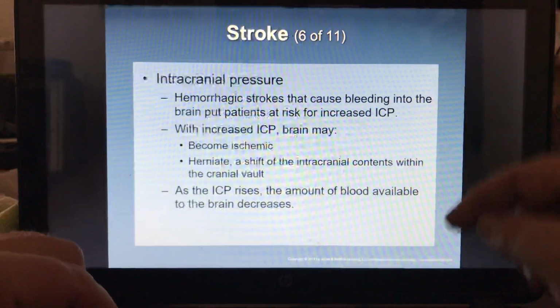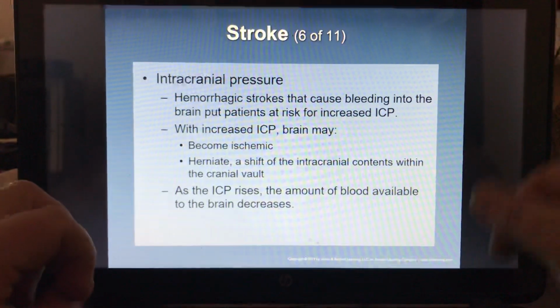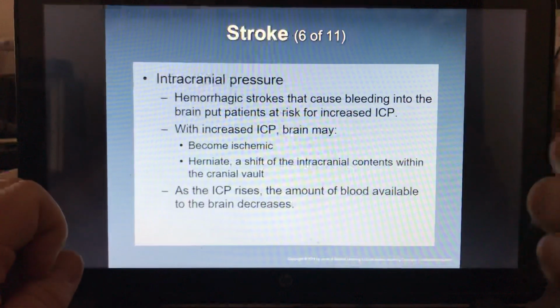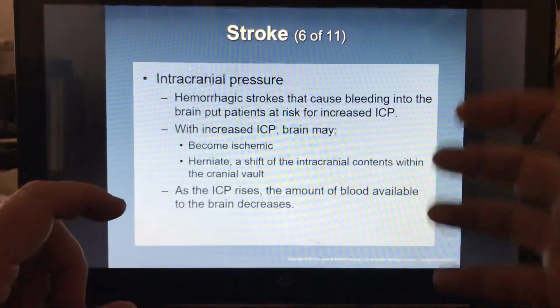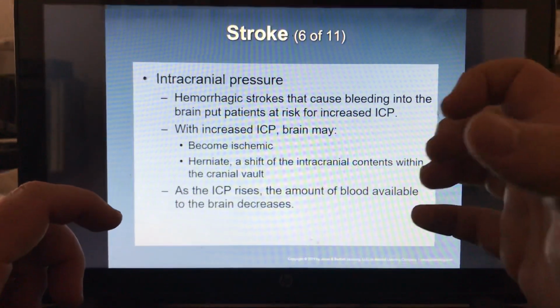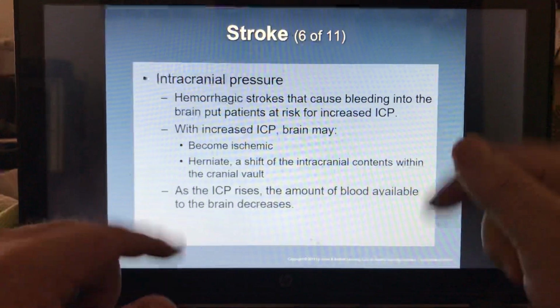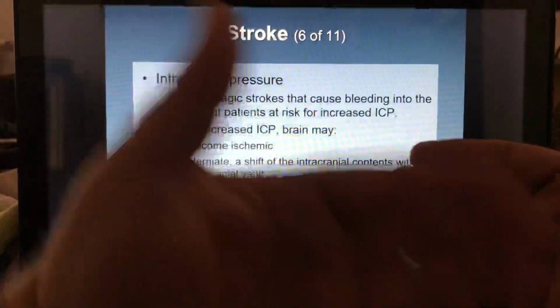With the ICP increasing inside the cranial vault, you're going to start damaging not only the area of the brain that is affected, but the whole entire brain, because you're squeezing the brain and pushing it out. Part of the problem is you're pushing the blood back out.